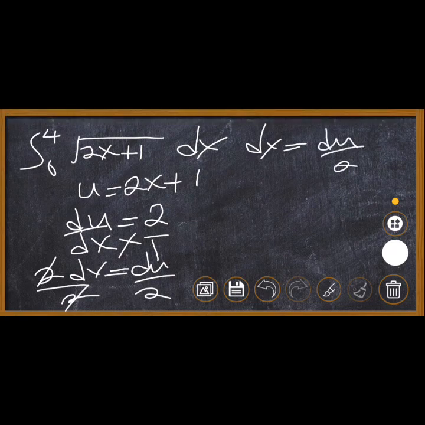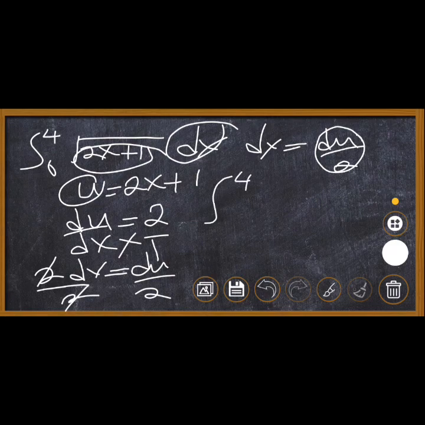So in this expression, where you have dx, we are going to replace it with du over 2, and where we have this, we are going to replace it with u. So we are going to have the integral with limits 4 and 0 of the root of u, and where there is dx, we have 1 over 2 du. So let's take this to the front.